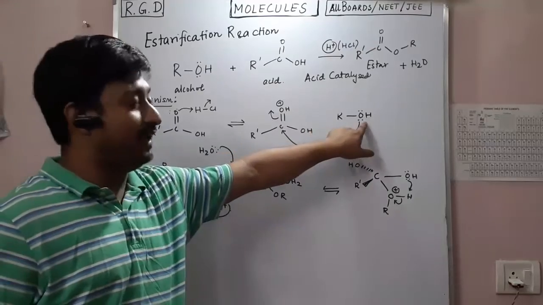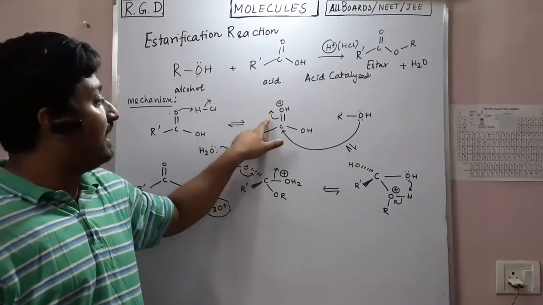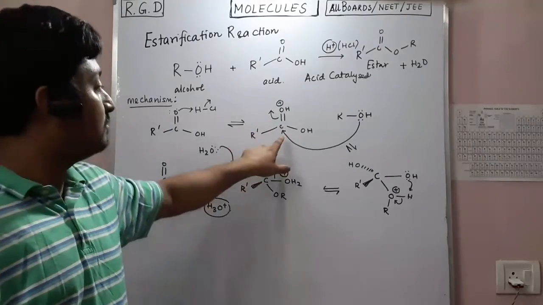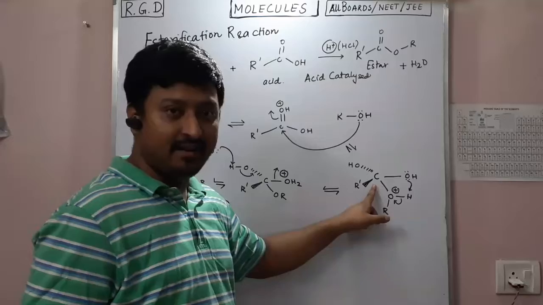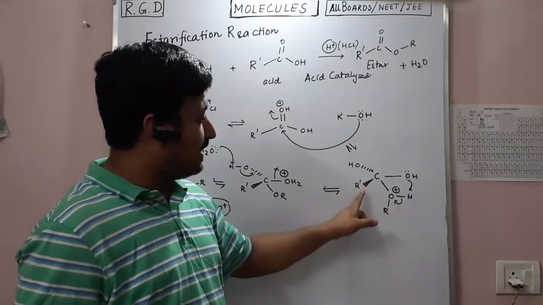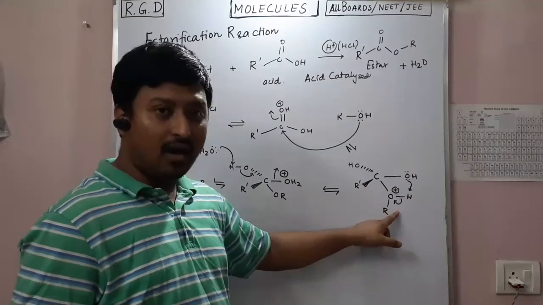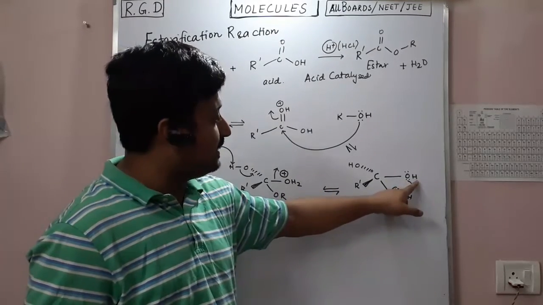This ROH, the alcohol, is a very good nucleophile which will attack this center and reopen the double bond. Now this carbon has become an sp3 center, so it is a tetrahedral center. Now see, two OH and R prime, and this is ROH plus.